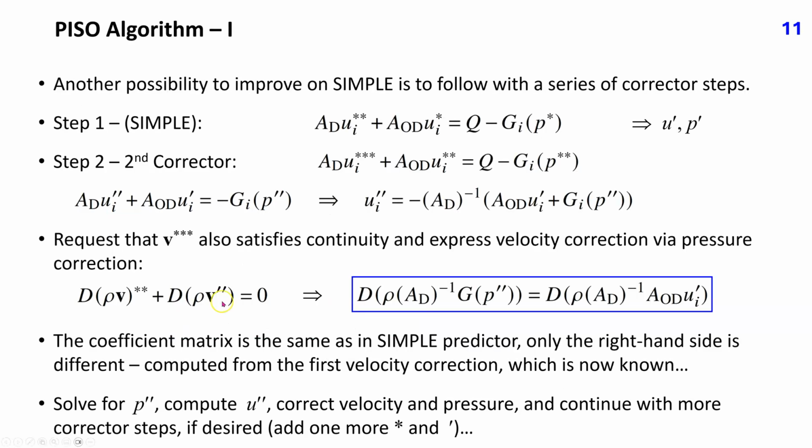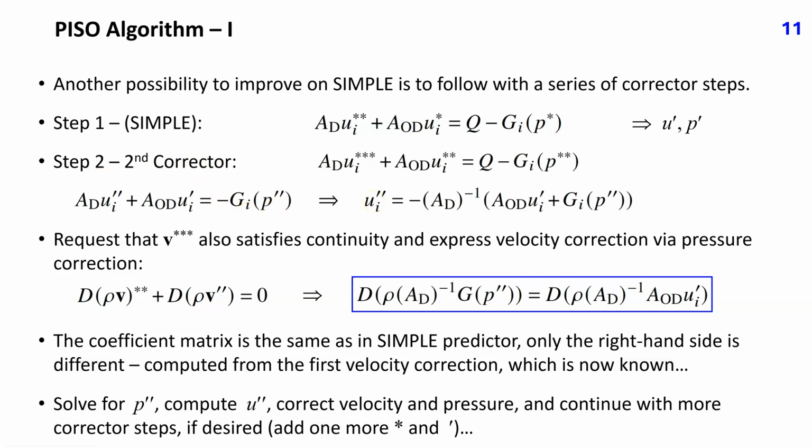Another possibility to improve on SIMPLE is to follow with a series of further corrector steps. Step 1 is the SIMPLE predictor plus first corrector. Corrected velocity components and pressure satisfy this equation. Step 2 is the second corrector. We add one more star in each term and subtract the upper equation from the lower one to obtain the expression which relates the yet unknown second velocity correction, the known first velocity correction from the previous step, and the unknown second pressure correction.